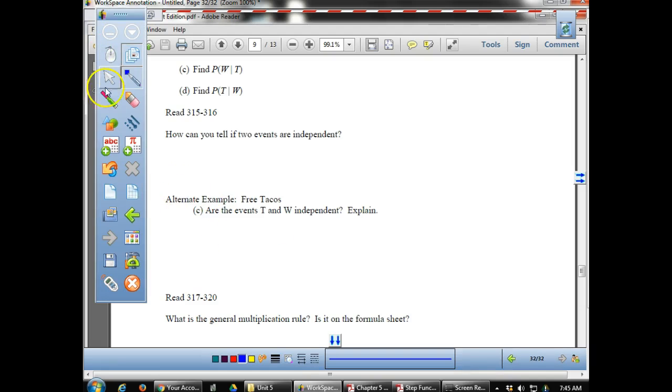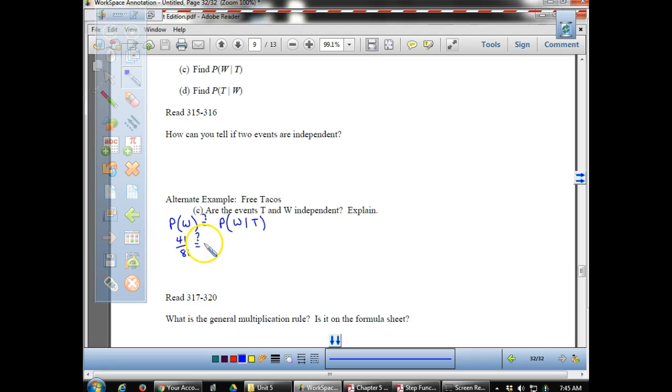I'm going to use the probability to win and see if that equals the probability to win given free tacos were given out. Okay, so the probability to win was 41 out of 81. Y'all make sure you know where I'm getting that from. And then the probability to win given free tacos were given out is 26 over 30.